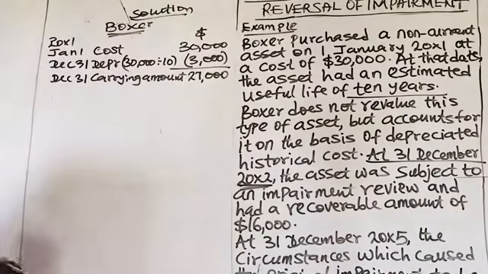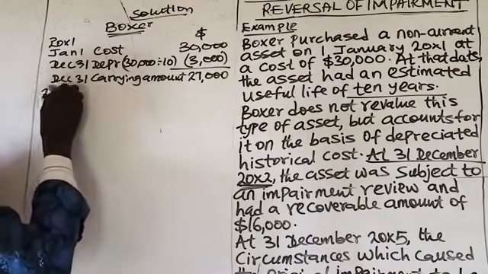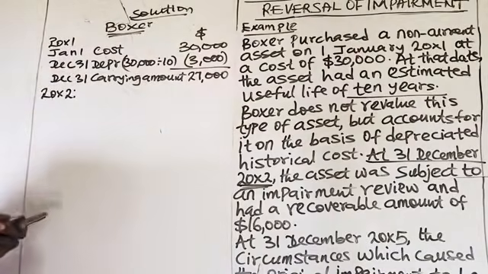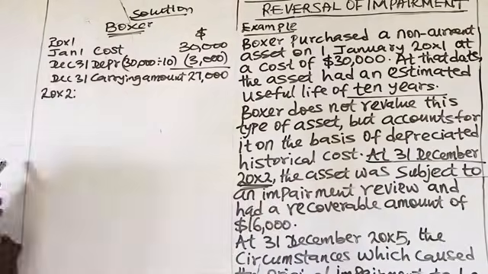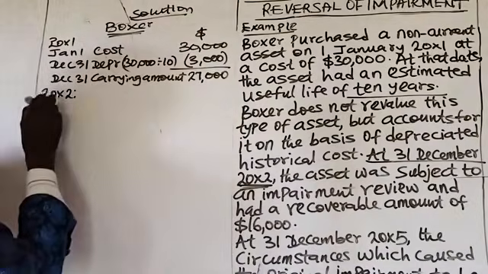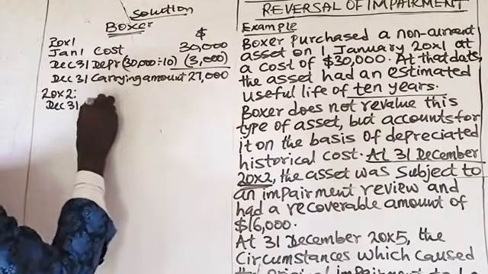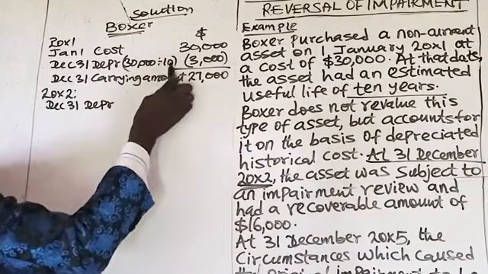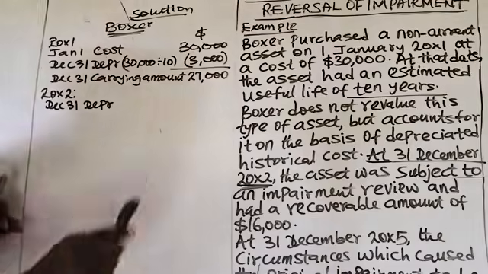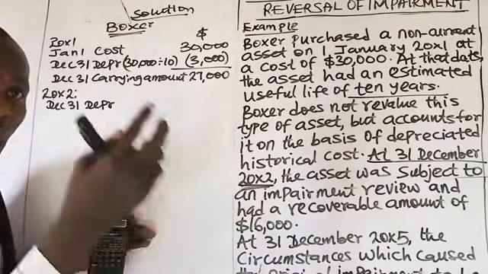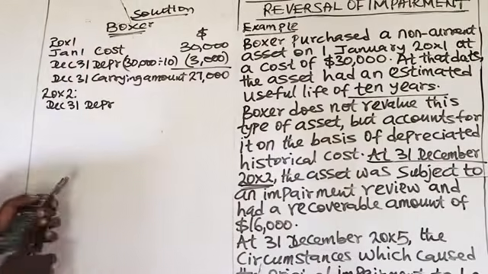Then you have 27,000. Then you have another year, 20X2, which is the second year of the asset. Remember, the asset was reviewed for impairment at December 31st. So by December 31st, 20X2, another depreciation will be charged. Since this asset has a life of 10 years, 20X1 is gone out of the 10 years. Then you are left with 9 years.